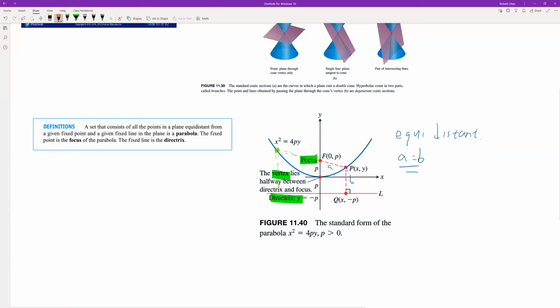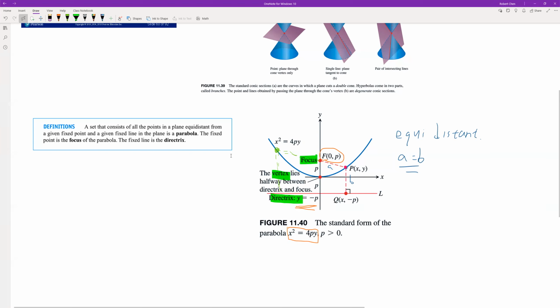Now, the standard form of a parabola is right here: x squared is equal to 4py. We will get into more details on the standard form in a second, but notice that in the picture, it also tells you how to find the directrix and the focus point. We'll talk about everything in detail in a second.